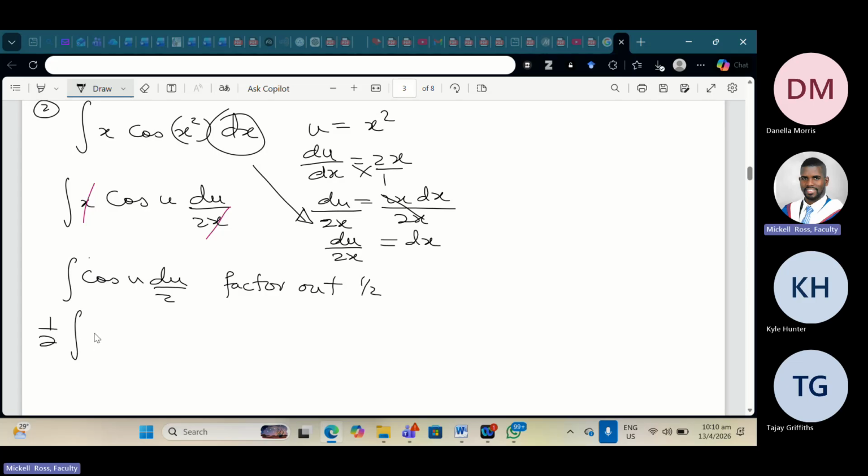Half times the integral of cos u du. The integral of cos is just going to give us sine. So we're going to get a half sine u plus c.